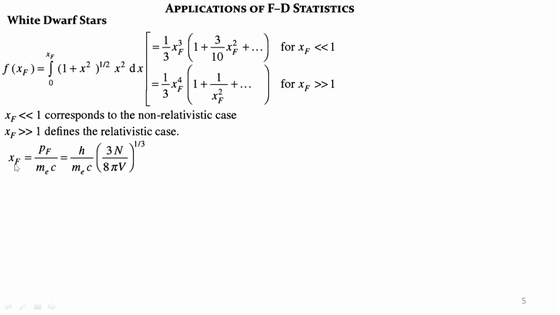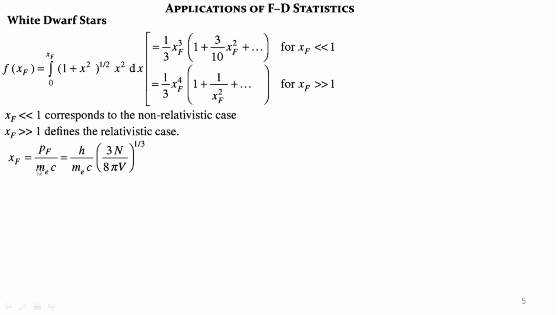Now if you see here, if x_f is very less than 1, what does it mean? This number is very less than 1, correct? If this number is very less than 1, c is the velocity of light here. What it means is that p_f over m_e has to be very much less than c, correct?